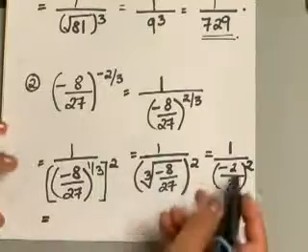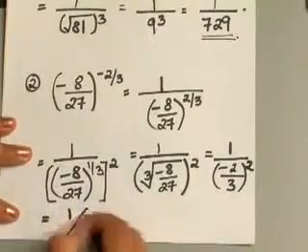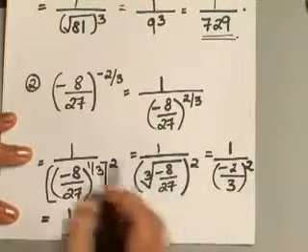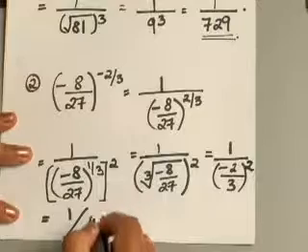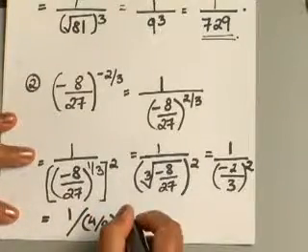And if I square my denominator term, I should end up with 1 over negative 2 squared, which is 4, and 3 squared, which is 9. So you will end up with 4 over 9 in your denominator.